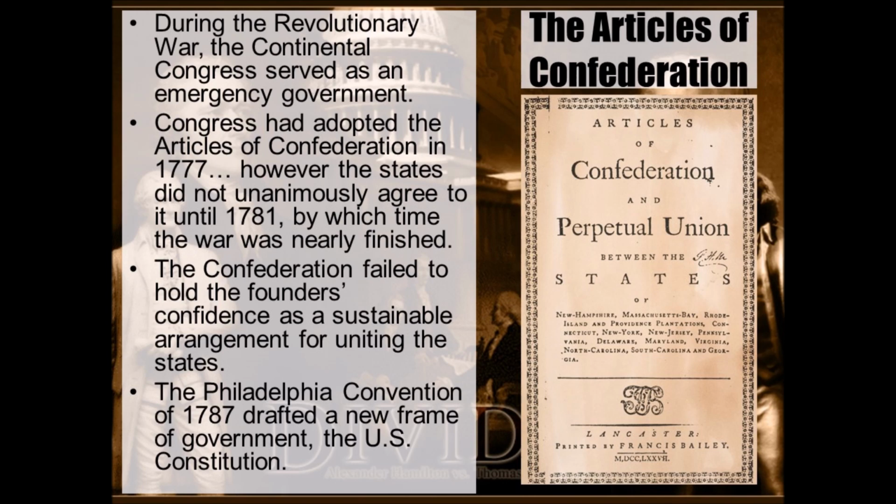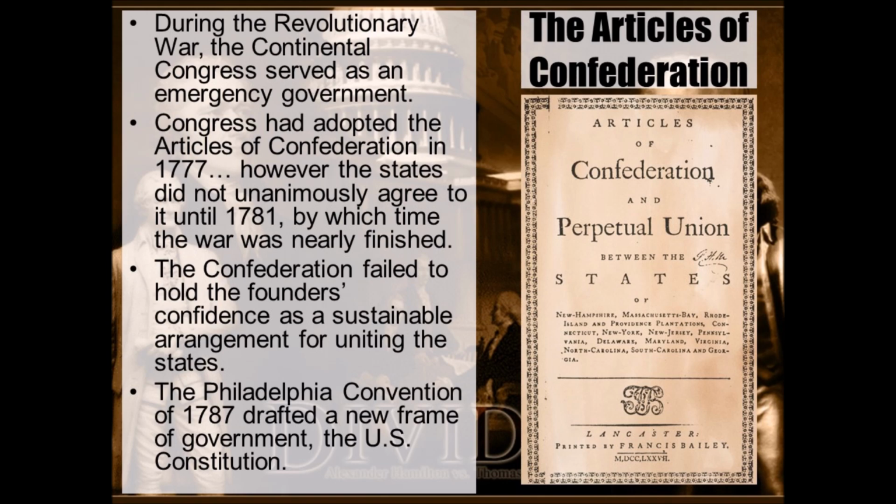So even though it's very clear to us today that these 13 states would join together and form a union, in 1787, right at the very end of the American Revolutionary War, that was not at all obvious to the Americans at the time.